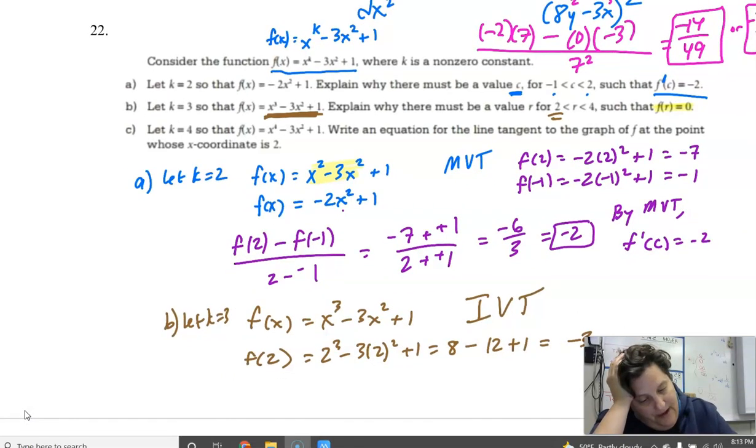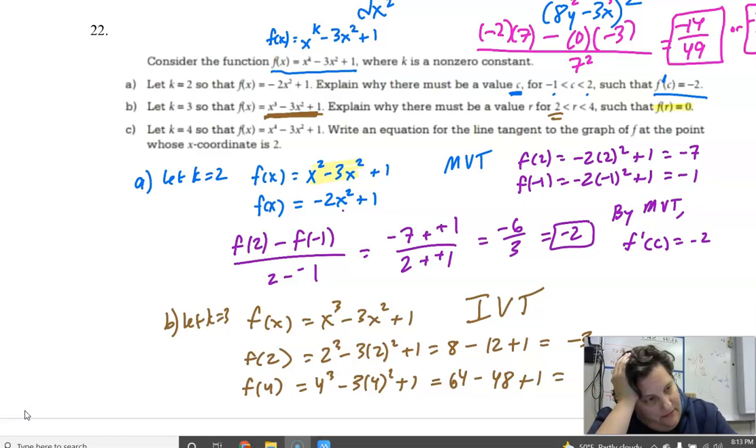And then let's find f of 4. That's going to be 4 to the third minus 3 times 4 squared plus 1. So that's going to be 64 minus 48 plus 1, which is 17.